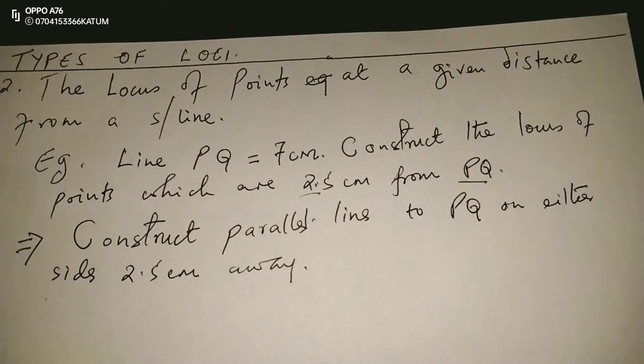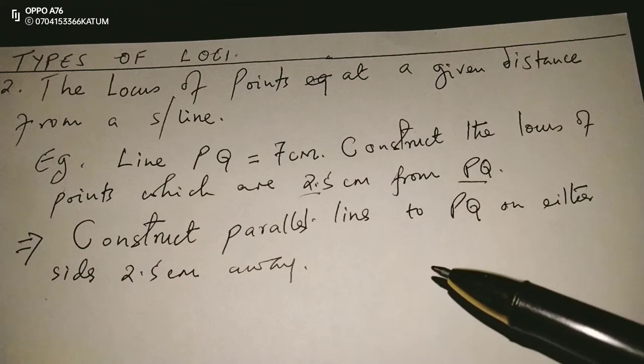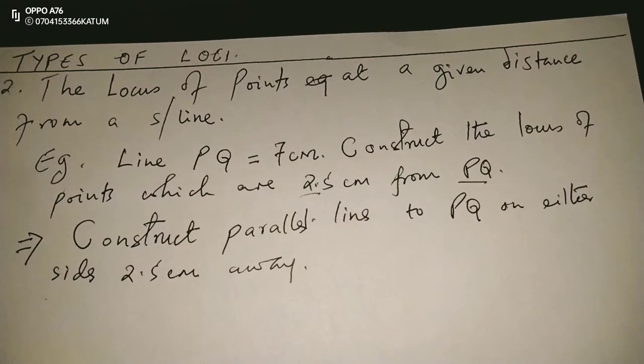This is unless specified otherwise, because in some instances you can be told to construct on the upper side or on the lower side of PQ the locus of points which are 2.5 centimeters away.